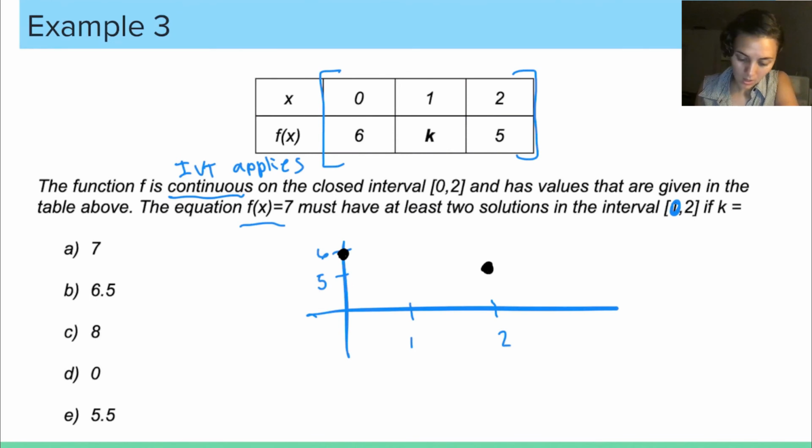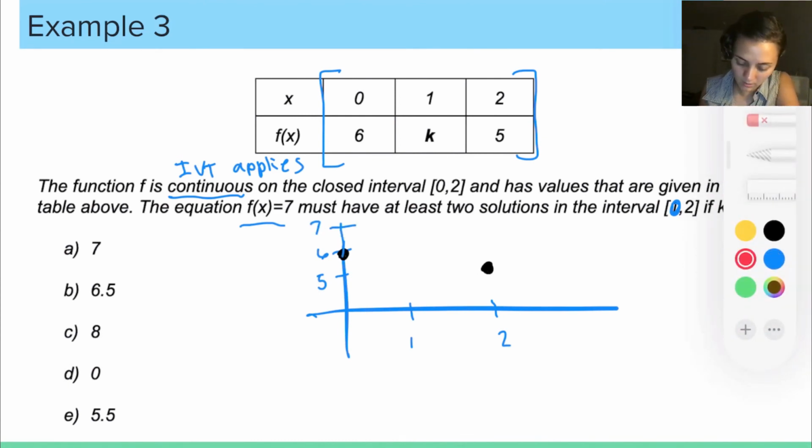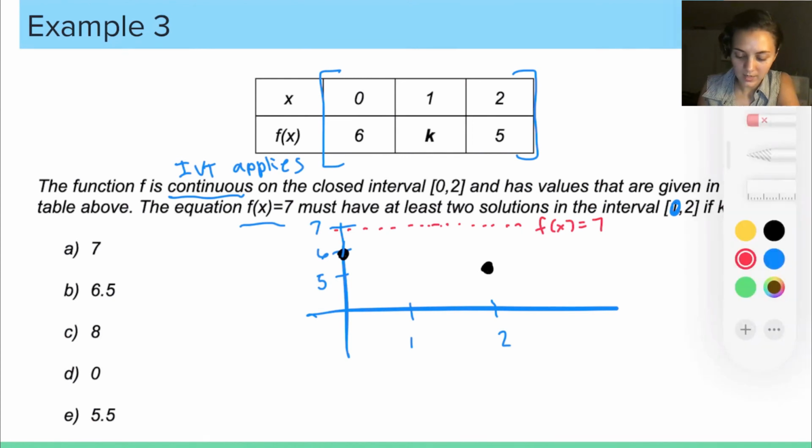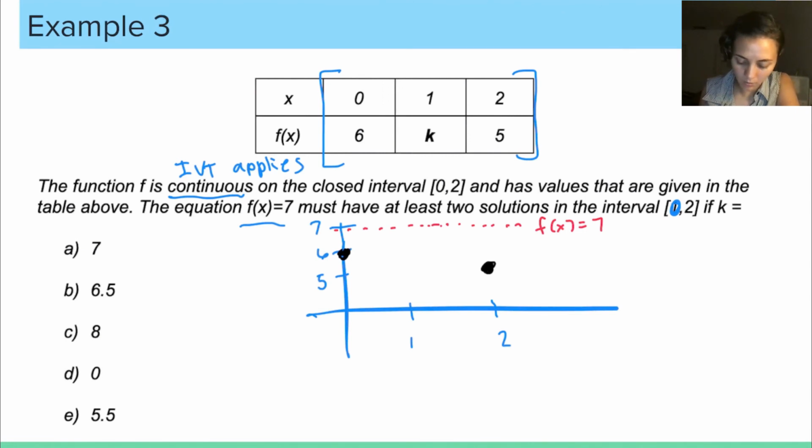But I want f of x to equal 7 at 2 points. So here is f of x equals 7. I'll draw it in red. There's the solution, f of x equals 7, and I want that to have 2 solutions. So I want my curve that connects these 2 black points to pass through that red line twice. So I know that it has to go up and over and then down back through it, so that there are 2 solutions right there.